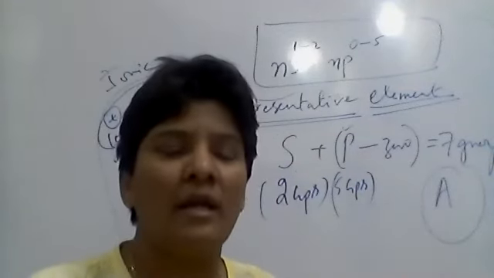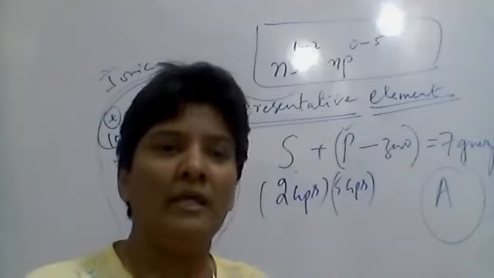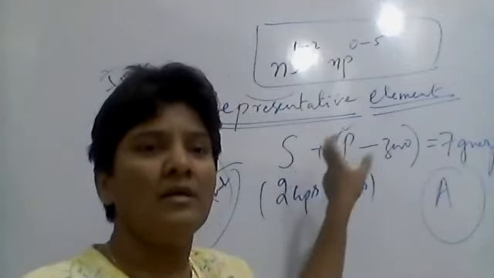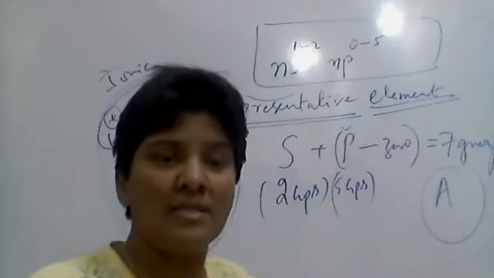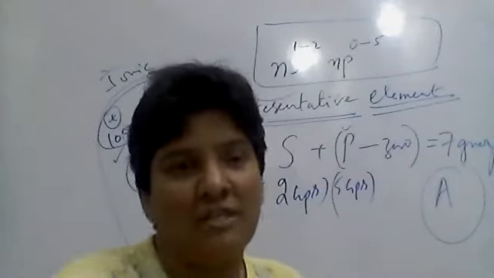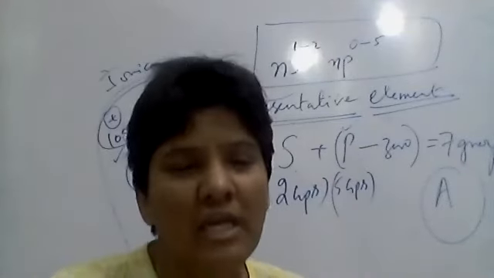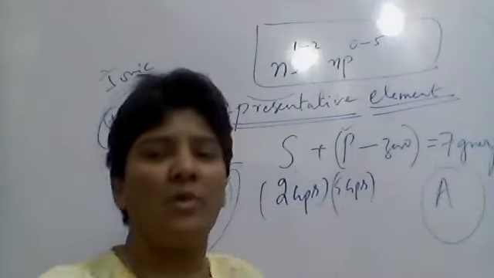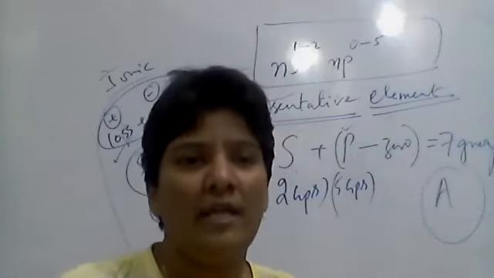Non-metals are electronegative oxidizing agents and form anions, and they form ionic bonds with S block elements. Down the group in P block, metallic nature increases. And among the non-metals, the bond formed is covalent bond. So these are known as representative elements.